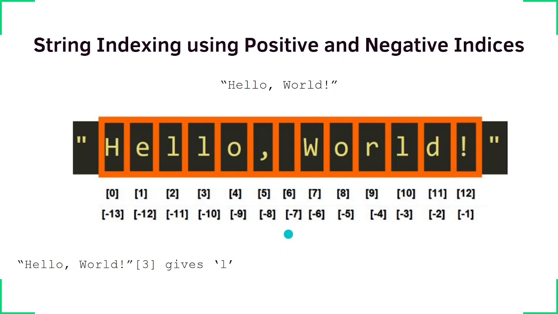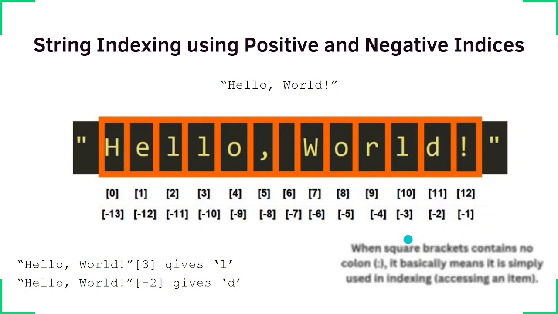So when we do hello world 3, we are accessing the third element, which is L. When you do print hello world 3, or just hello world 3 in Google Colab, you will get L. Similarly, hello world -2 means we are accessing negative indexes, which is here, and you end up getting D. What you notice is there is no colon sign inside this square bracket, right?